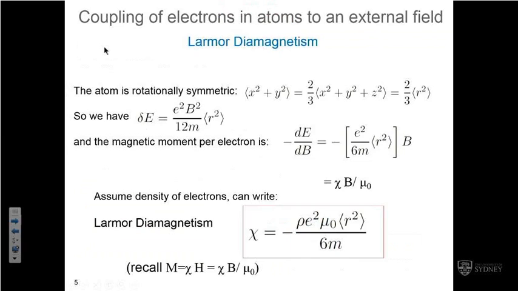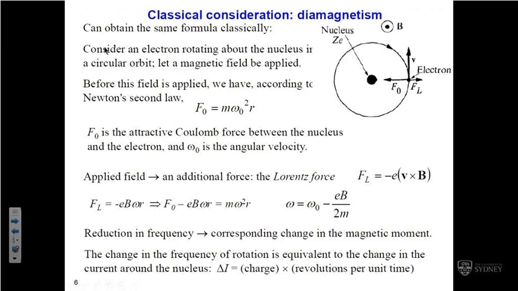This is a slide from last lecture. Remember, we derived the susceptibility for the case of diamagnetism in an atom. You can also derive that classically, and there are 2 slides here on how to do that. I'm not going to go through it, but you could go through it yourself. The working is here, and I think it's fairly straightforward.